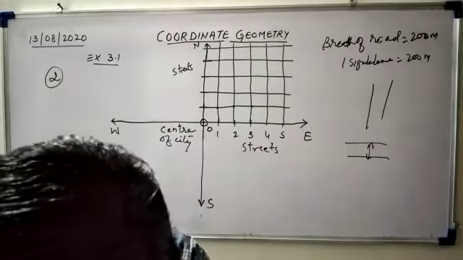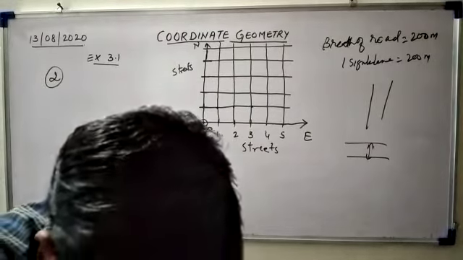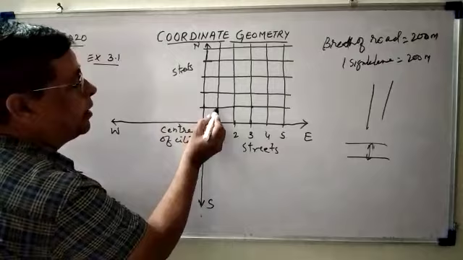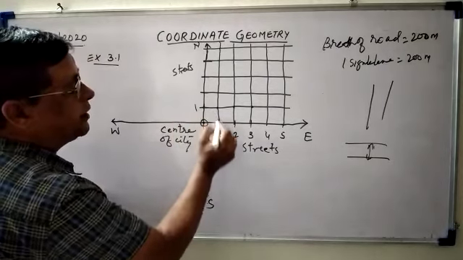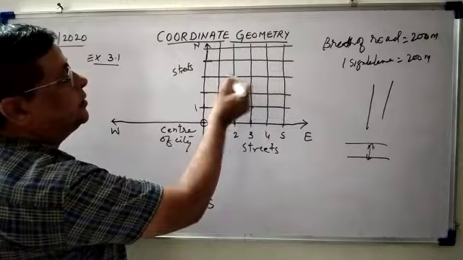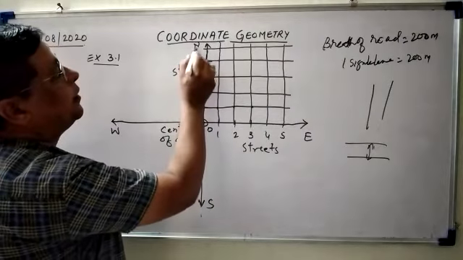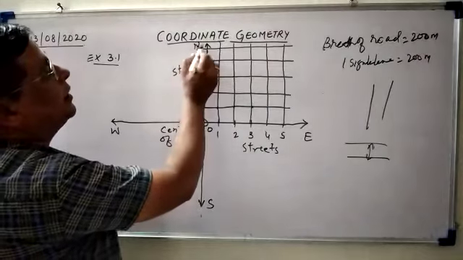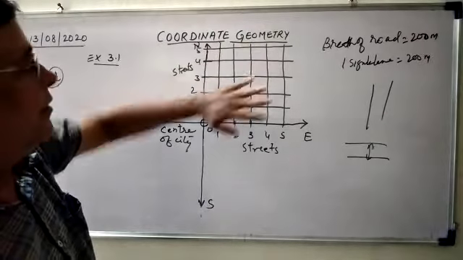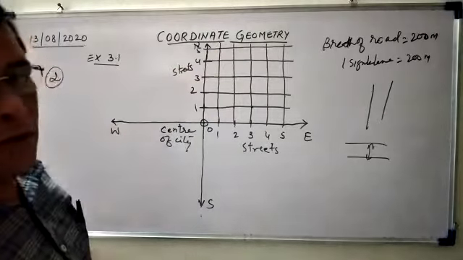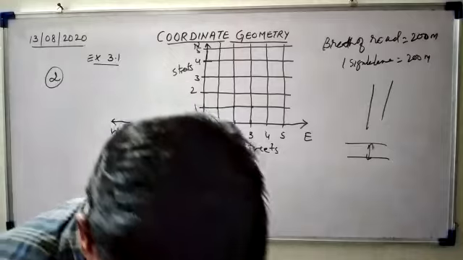A particular cross street is made by two streets, one this street and one this street. If we draw the plan in the first quadrant, there will be a number of cross streets.